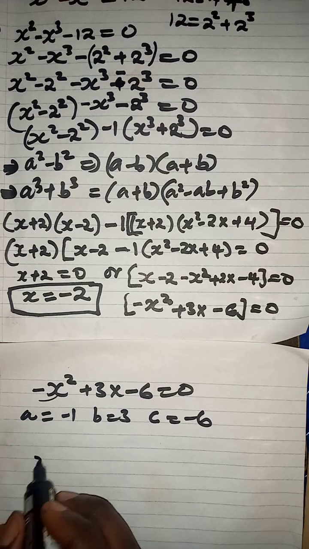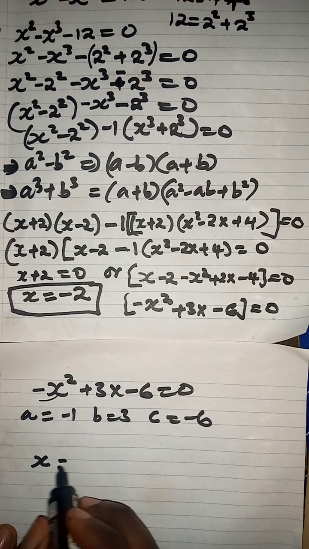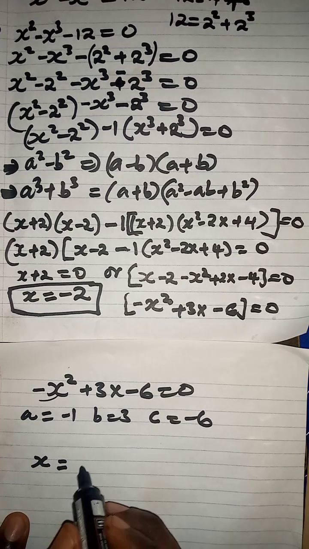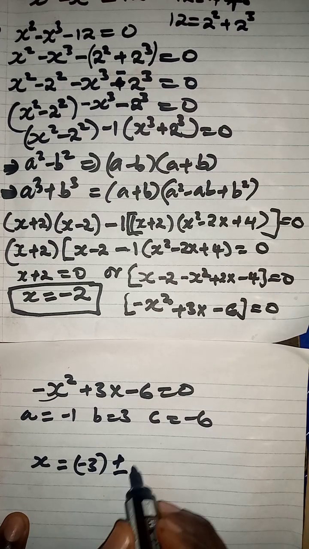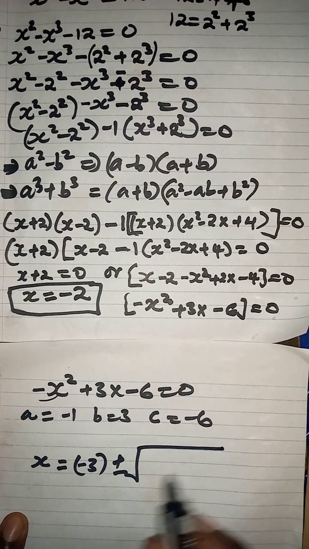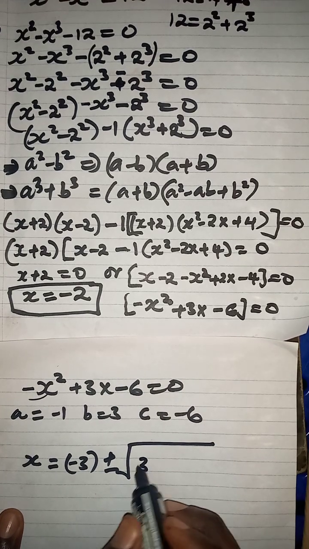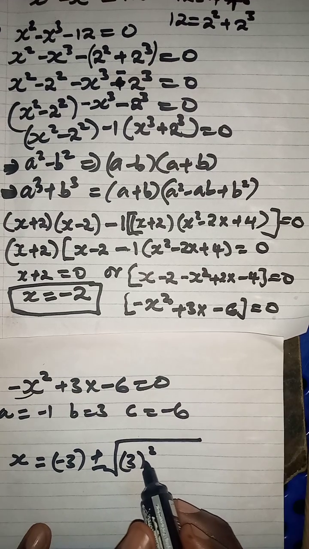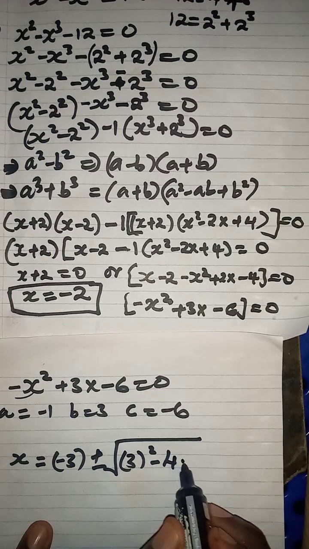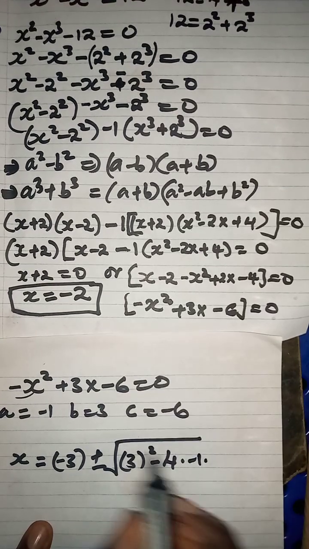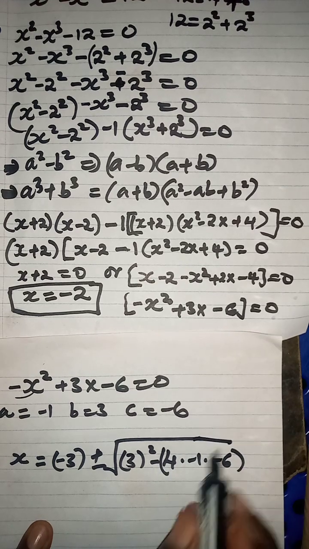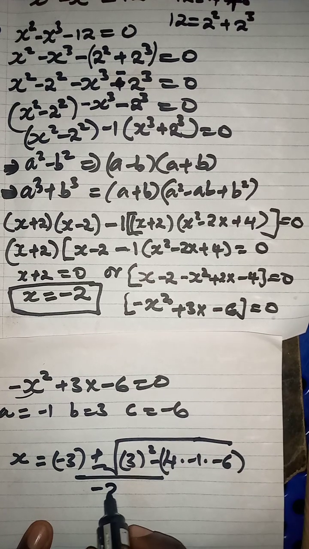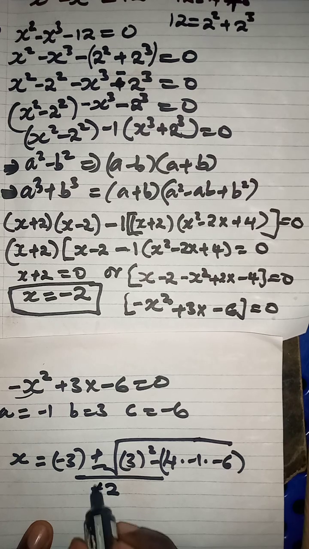Substituting all in the quadratic formula, I'm going to get x equals negative b, like that, plus or minus the square root of b squared, meaning I'll do that, minus 4 times a, negative 1, times c, negative 6, everything all over 2 times a.